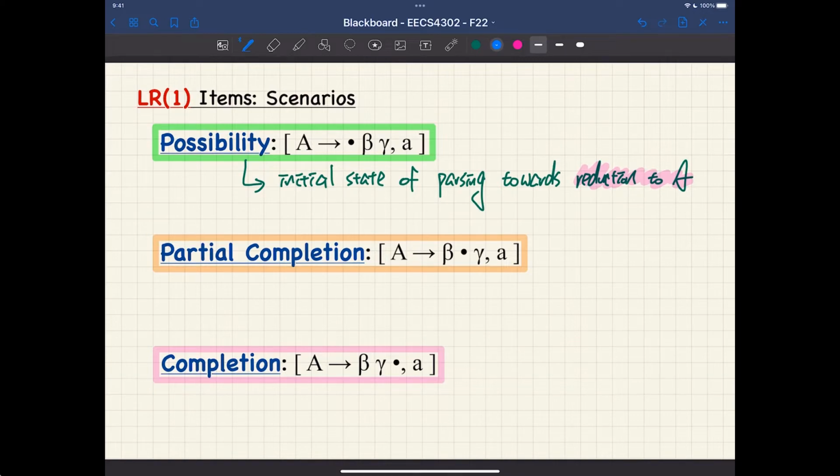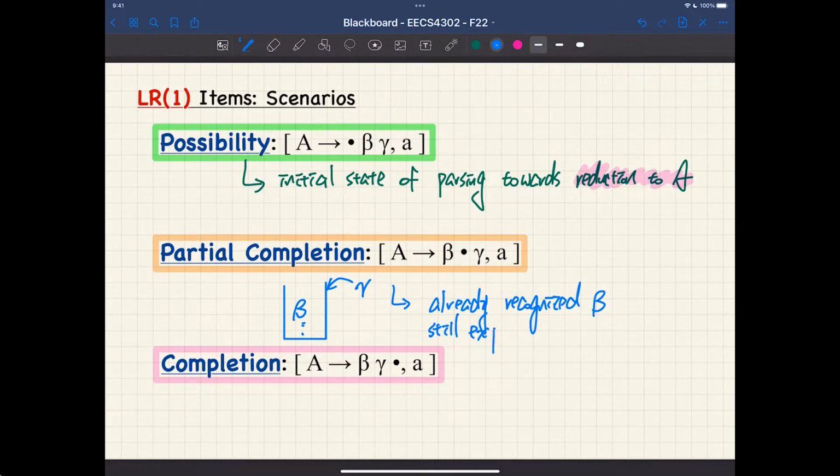For this one here, you can think about we have a stack. We already have beta on the stack, but we're still expecting gamma to be read into the stack. So this will be: already recognized beta and still expecting to recognize gamma.